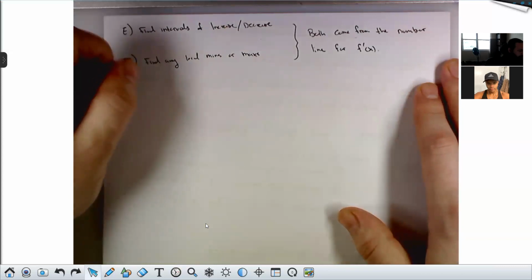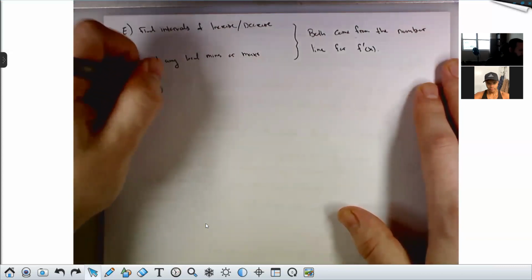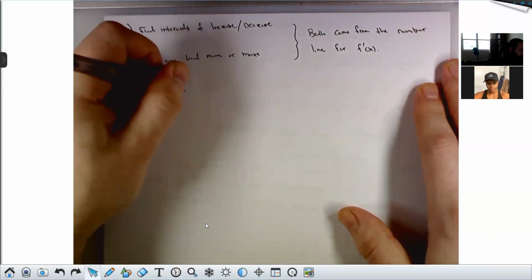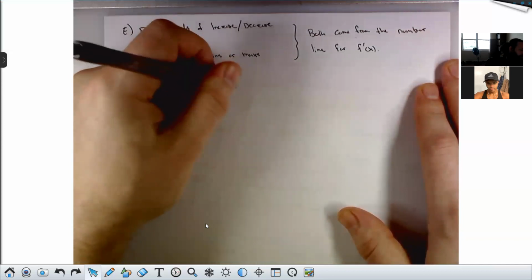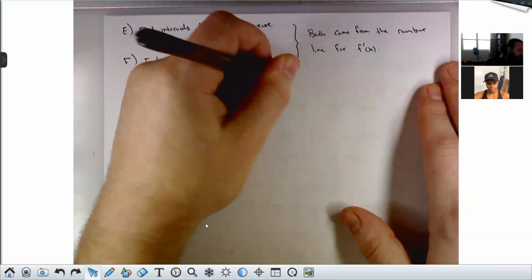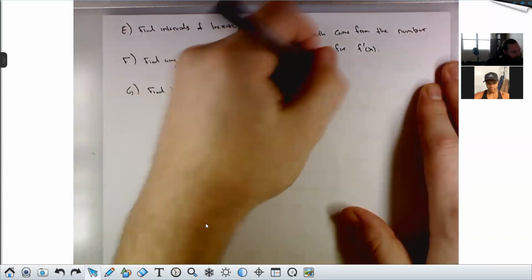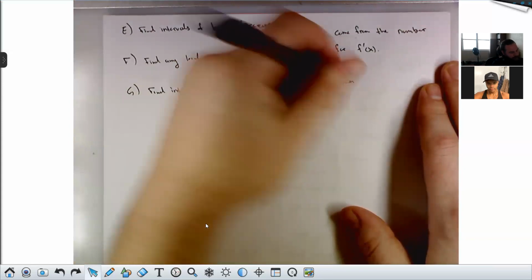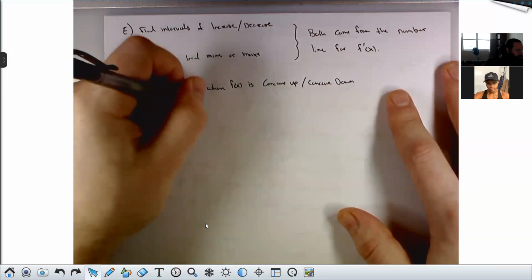The last thing that the book lists here is to find intervals where f of x is concave up and concave down, and any inflection points.